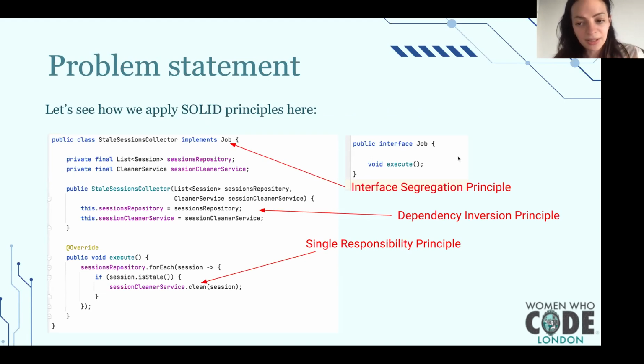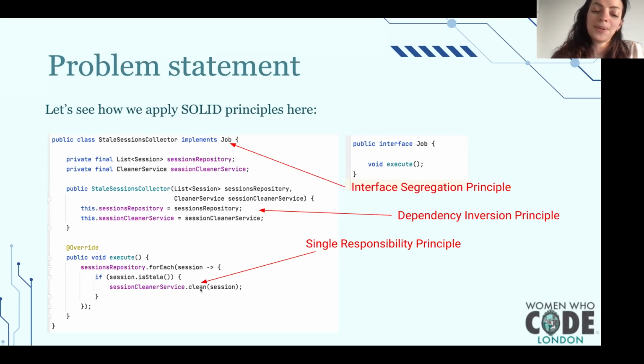So with this interface segregation principle, we also use the dependency inversion principle, which means that we could create the new repository and the new cleaner service right here in this stale session collector, but instead of doing it, we provide them to the constructor. This is a very simple step to be a good person and follow the dependency inversion principle.